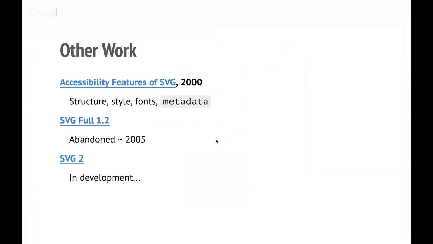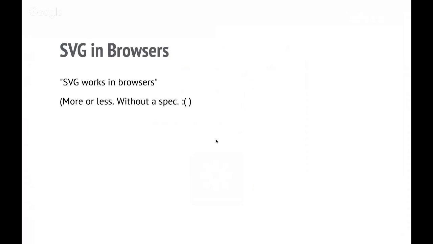From about 2005, SVG started being implemented in what we would think of as mainstream browsers. By that point, you couldn't buy a modern mobile that didn't already implement SVG, so it was very widespread, but not in actual web browsers. Next slide, please. And the next slide. So bringing us to the present, SVG works in browsers.